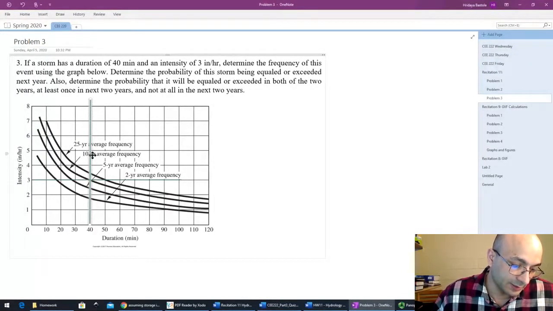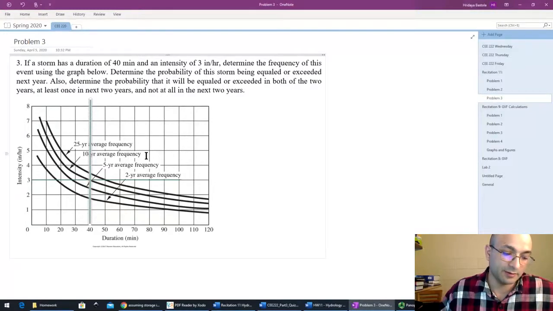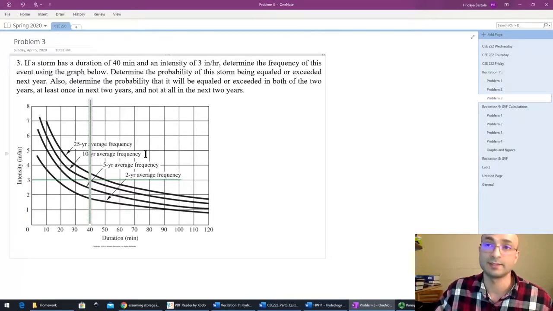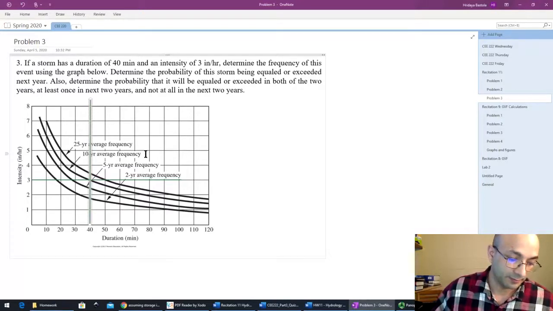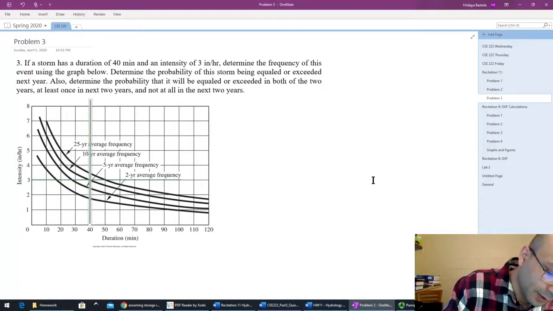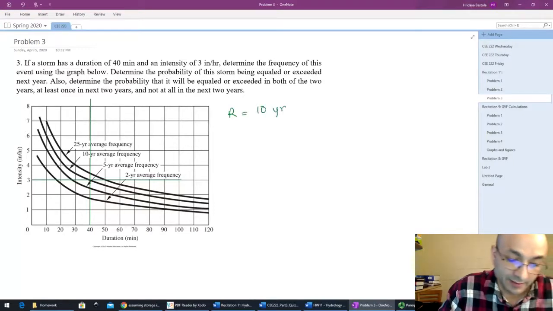So in this case, it's the 10-year average frequency, or the storm with a 10-year average frequency that the 40-minute duration and intensity of 3 inches per hour is describing. So the return period in this case then is ten years.